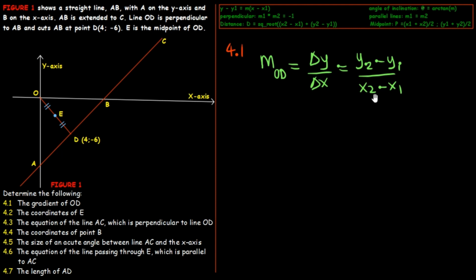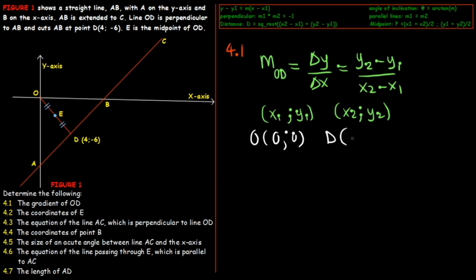As given by this formula, we need two coordinates to find the gradient of OD. We will use the coordinates of the origin and of D. For x1 and y1, it will be the coordinates of the origin, which are 0 and 0. For x2 and y2, it will be our point D, which is 4 and -6.